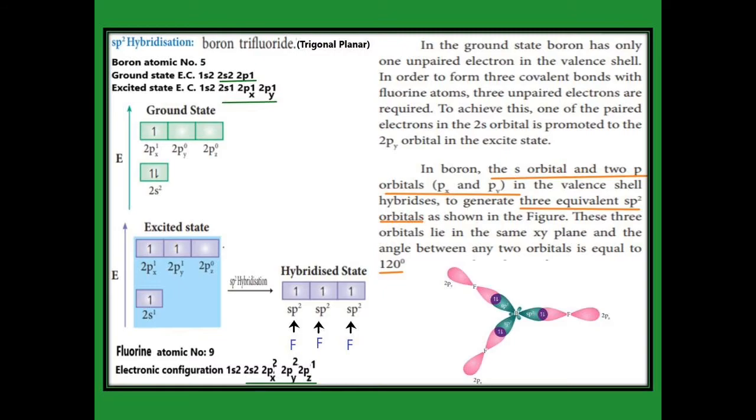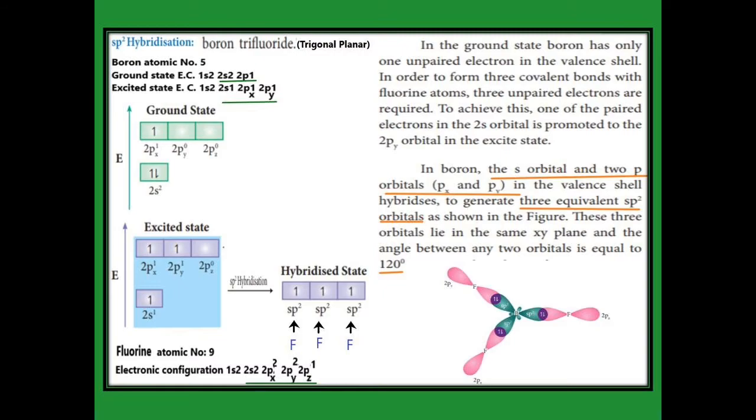After excitation, one electron from the 2s orbital goes to the 2py orbital. Now how many orbitals are hybridized? The 2s 1 orbital, 2px 1 orbital and 2py 1 orbital, so totally 3 orbitals. We get 3 sp2 hybridized orbitals, each containing 1 electron.